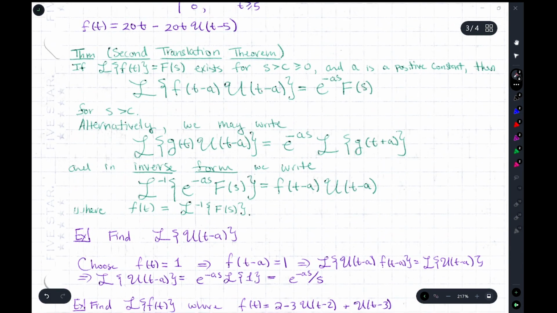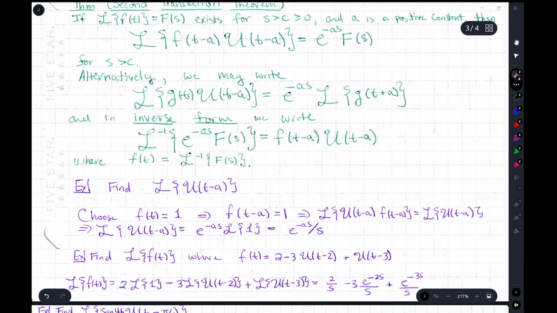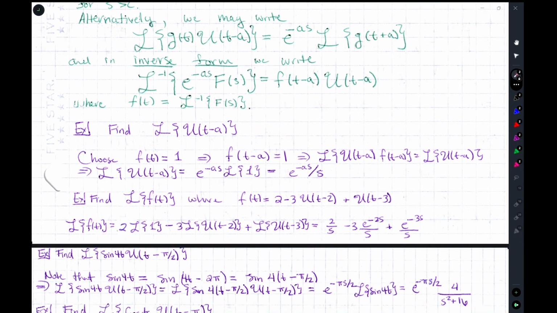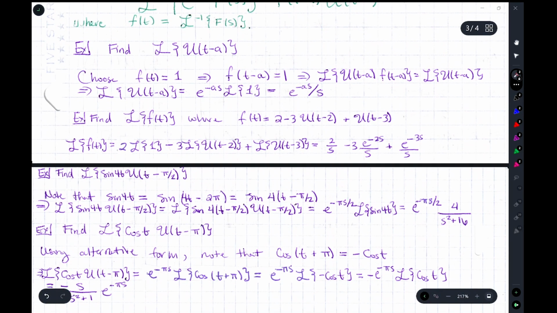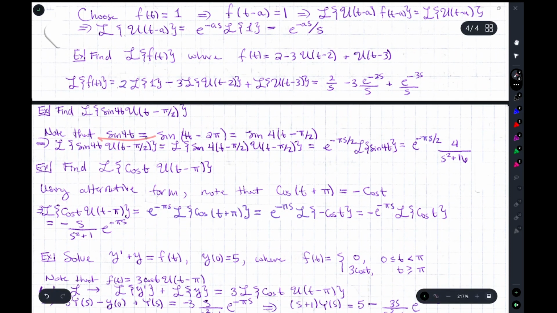If you look at the theorem, it has f of t minus a there. Okay, so something you could do is rewrite this sine 4t in terms of the translation.